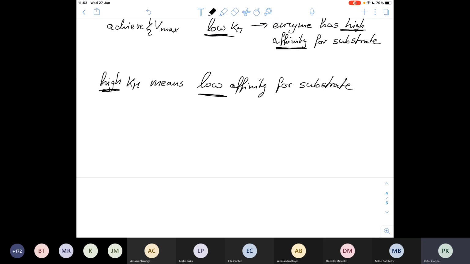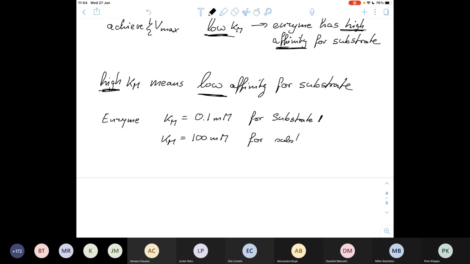I can say, for example, enzyme has a Km equals 0.1 millimolar for substrate 1 and Km of 100 millimolar for substrate 2. Which substrate does the enzyme prefer?